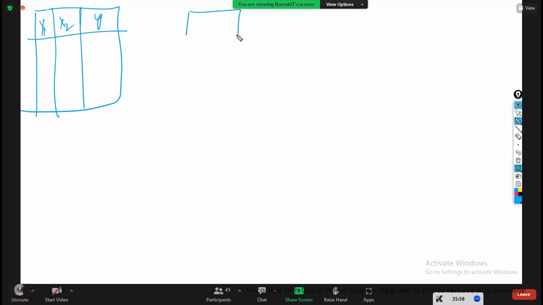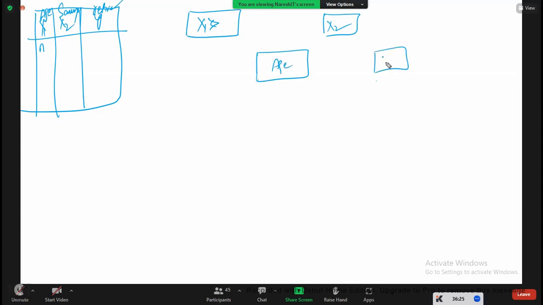Now I have to take a root node by writing one condition, either with x1 or with x2. Which variable should I select? Let us take the first example: this is age, this is savings, and this is whether the person retires or not. Should I select age or savings? What variable should I select in the root node?